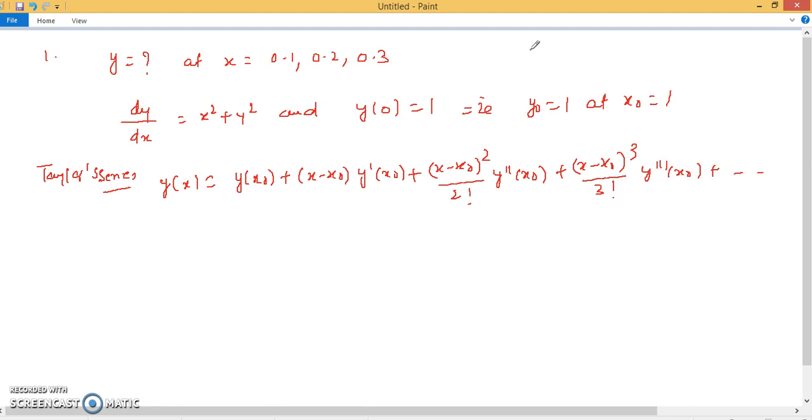And this question is given up to the third degree. Third degree means we have to find till the third degree. So now we will solve.